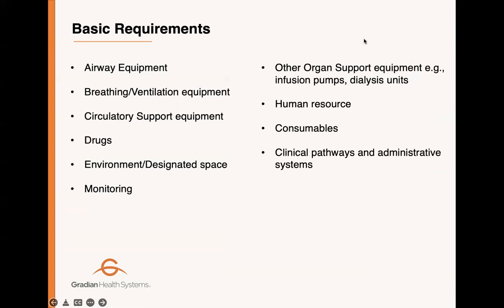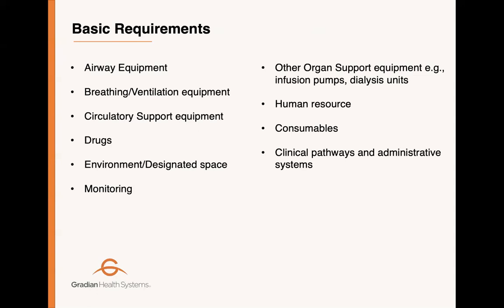What are the basic requirements? To be systematic, we will address it in the easiest and simplest way, ABC, where A represents the airway equipment.